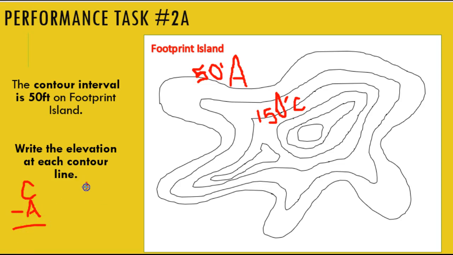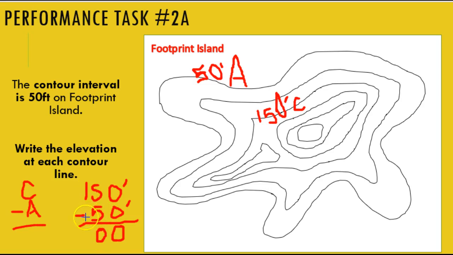So C would be 150. Sorry for the rustic drawing, guys. Minus A, which is 50 feet. Put our units on here. This little dash means feet. And we do 0 minus 0 equals 0. 5 minus 5 equals 0.